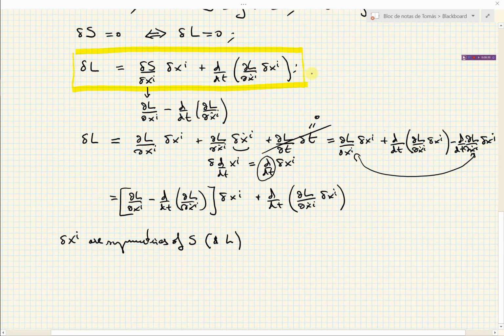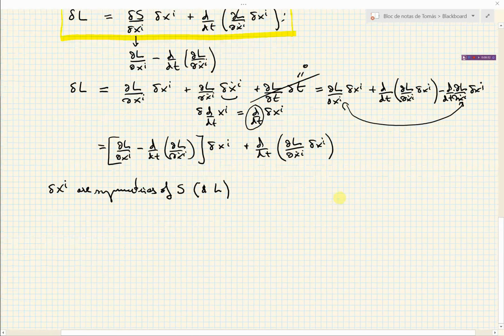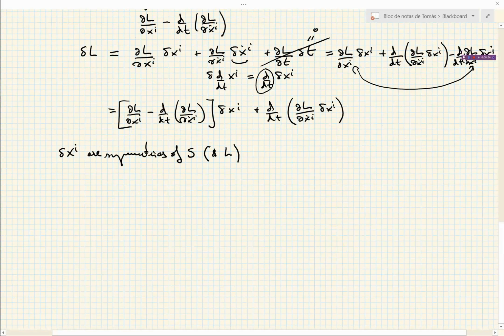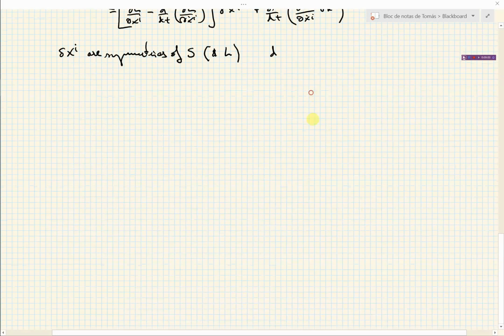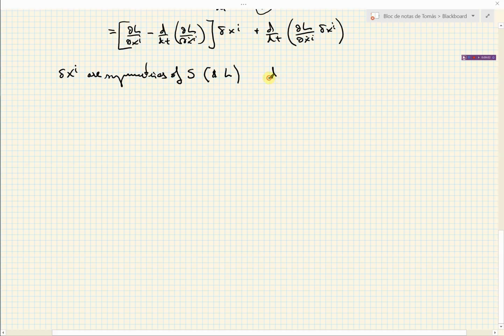The right hand side of this box is 0, and let me write it in this particular way. So it's just the same relation: d dt of partial L partial x dot i delta xi equal to minus delta S over delta xi delta xi.